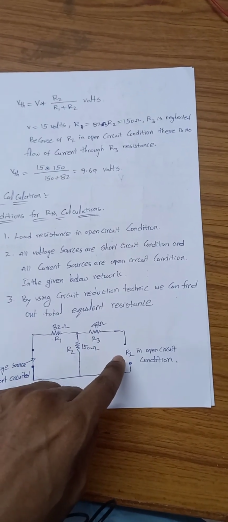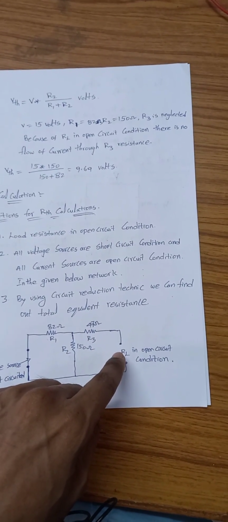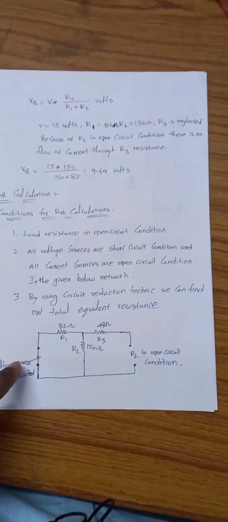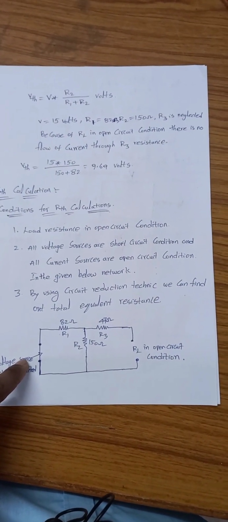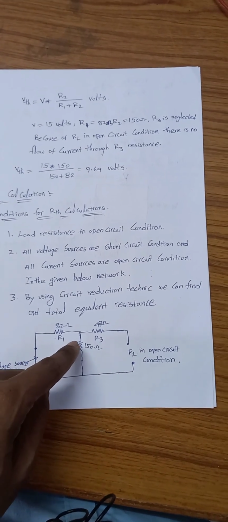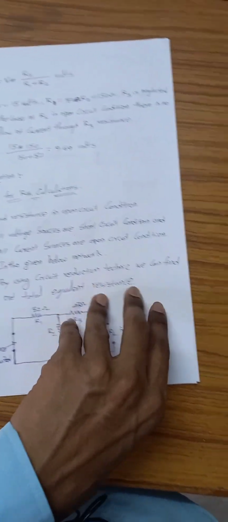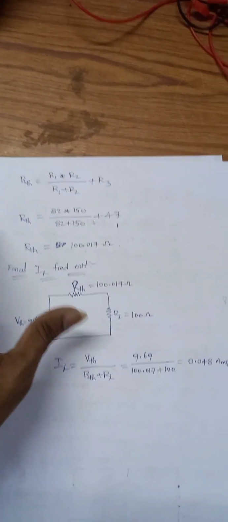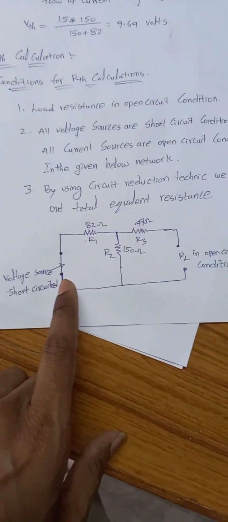Where we did the open circuit and where we did the short circuit, from that side too we can calculate the equivalent resistance. So you can observe here. Okay, so we did the short circuit condition here.